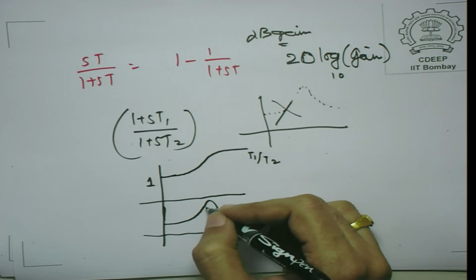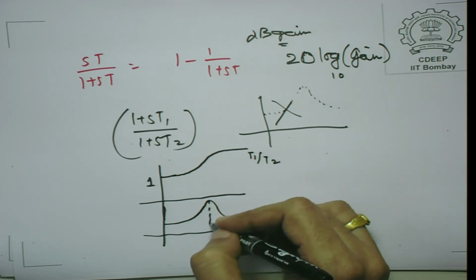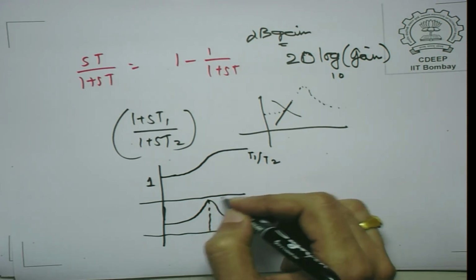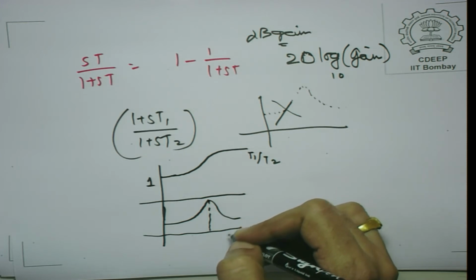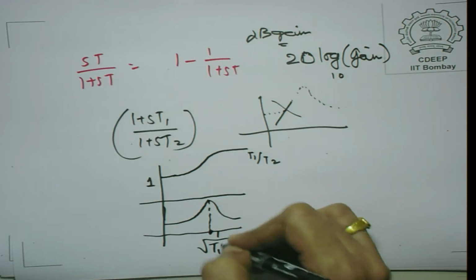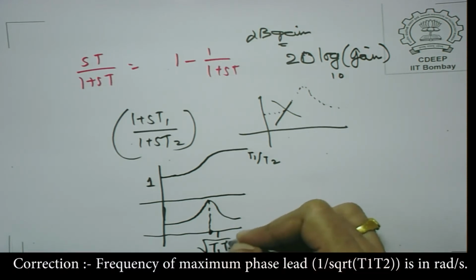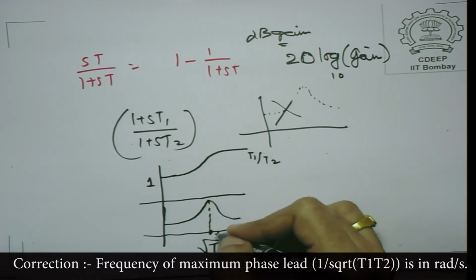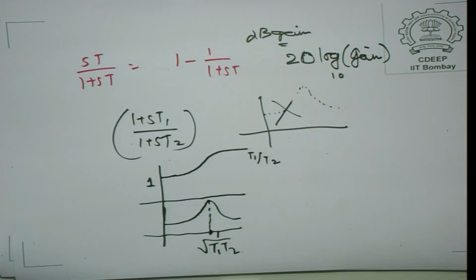So, it gives a phase lead, that is why it gets its name, and of course, the amount of phase lead depends on T1 and T2, and the frequency at which it occurs is related to 1 by root T1 T2 in hertz. So, this is the center frequency of this phase lead.